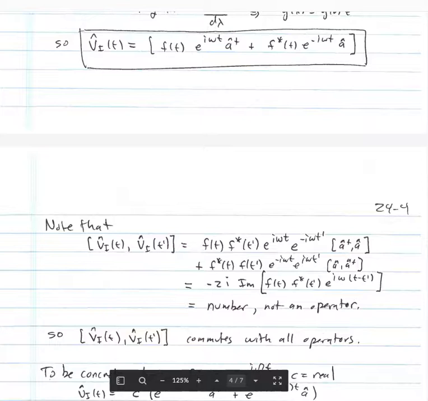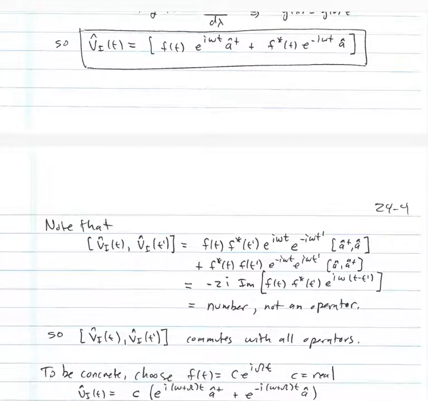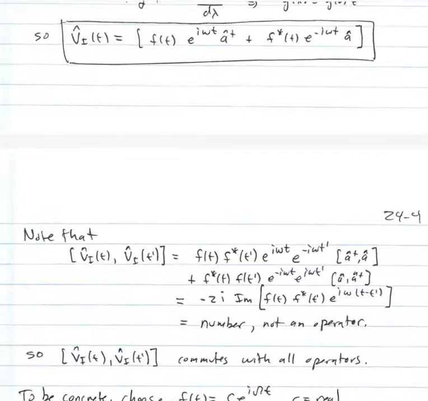Now, one of the things that we need to note is that this interaction representation operator, if I look at its commutator at two different times, we can easily work that out. The only terms that contribute are the commutator of a dagger with a and the commutator of a with a dagger. Each one of those commutators will give us a separate contribution.